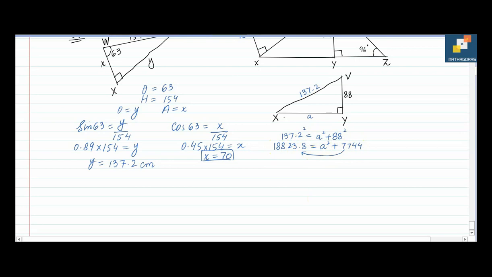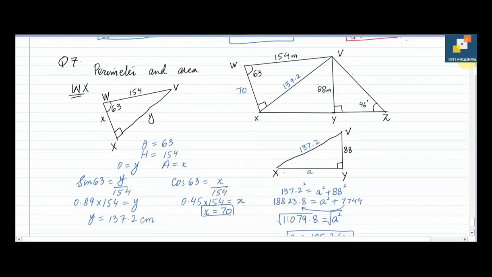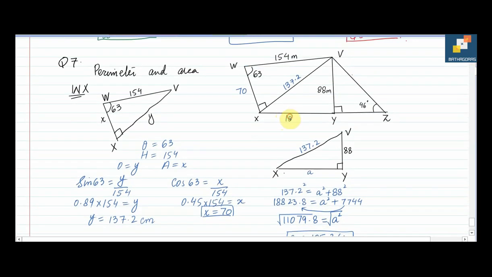So it's 11079.8 is equal to a squared. Now you need to apply the root on both sides. So it will be 105.26. So that is the value of XY. Now in our main diagram, I am going to write this 105.26.